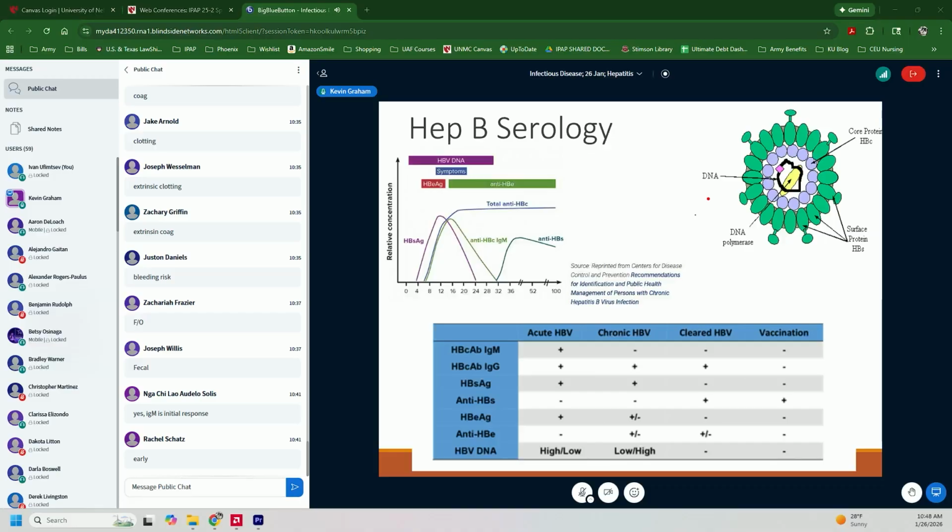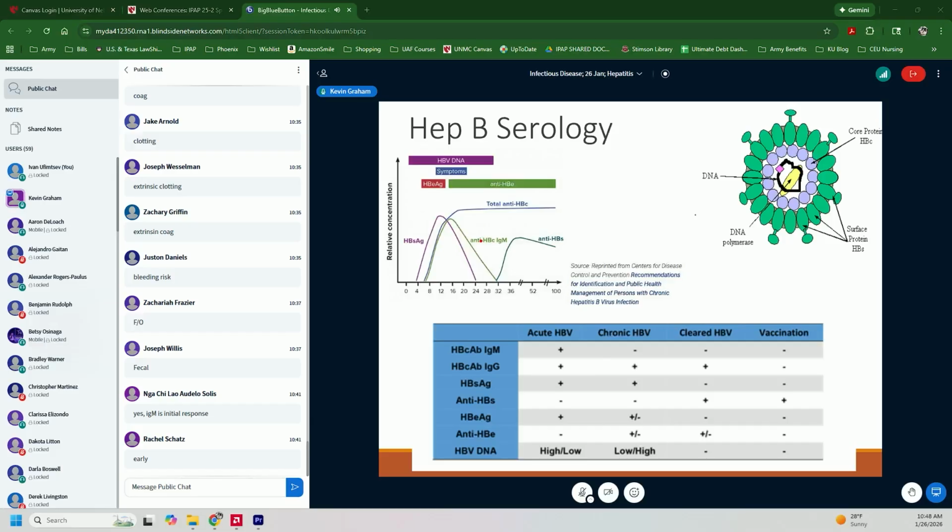So what ends up happening, if you look over on the top left here, when the body is introduced to the hepatitis B virus, the first thing that spikes is this hepatitis B surface antigen, right? It's replicating in the virus. So that's the first thing that kicks off. The body has to recognize that there is a new antigen at play, and it's got to go mount an immune response to it. So for some reason, the first thing that we see is an IgM to the hepatitis B core.